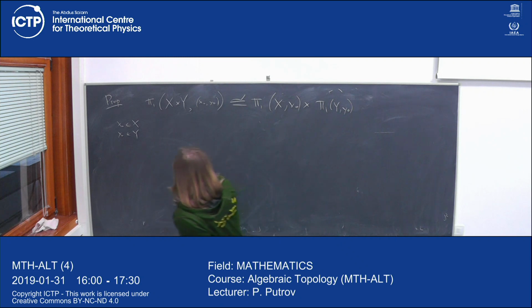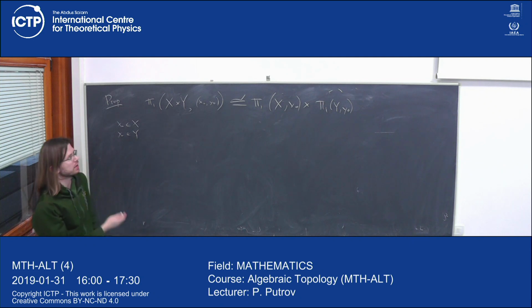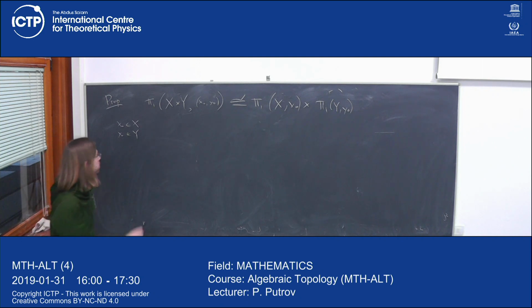So here it's a product of topological spaces, and here it's a product of groups. So it's a nice property. You can see a product of spaces under the action of pi1 becomes a product of groups.